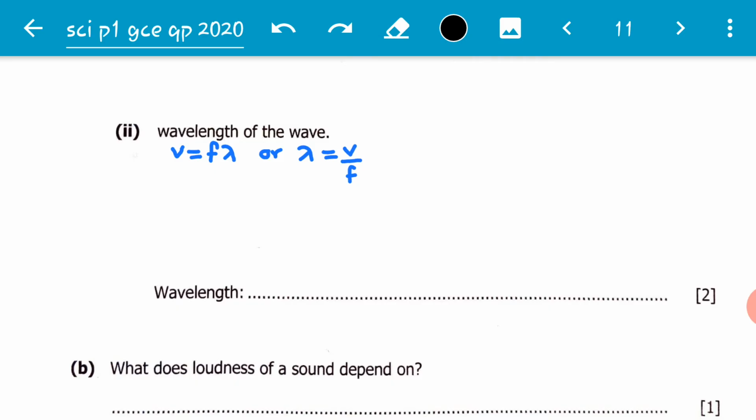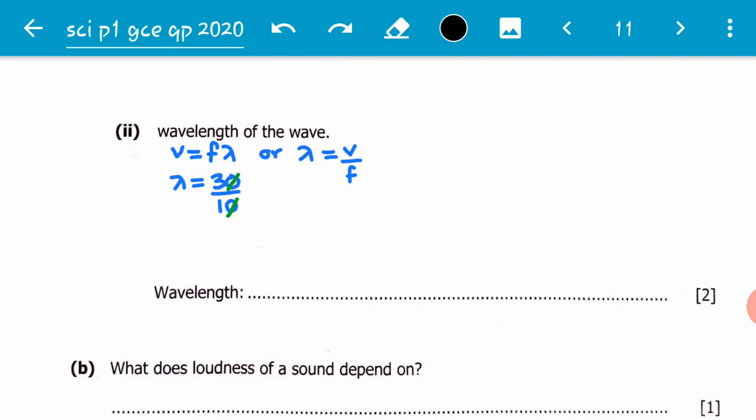So wavelength is equal to velocity divided by frequency. I jumbled period and misinterpreted it as wavelength. I beg your pardon.